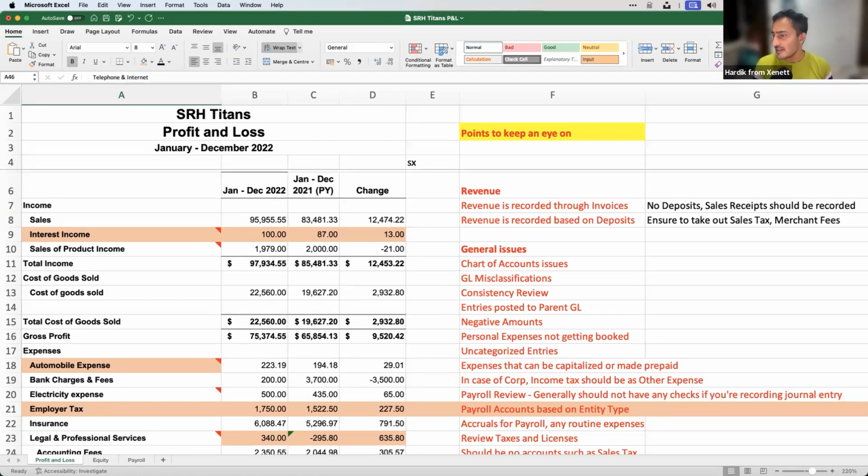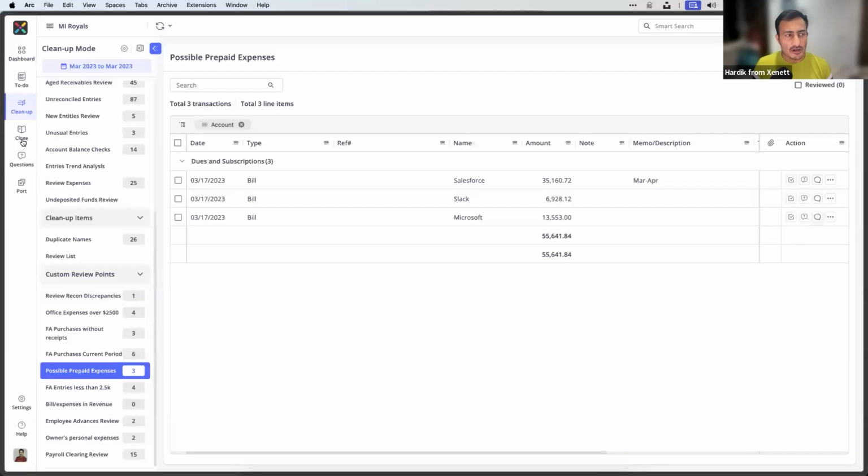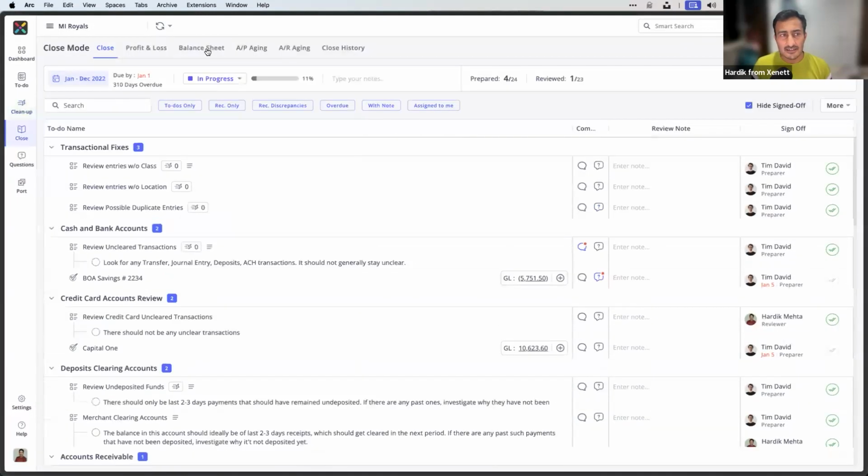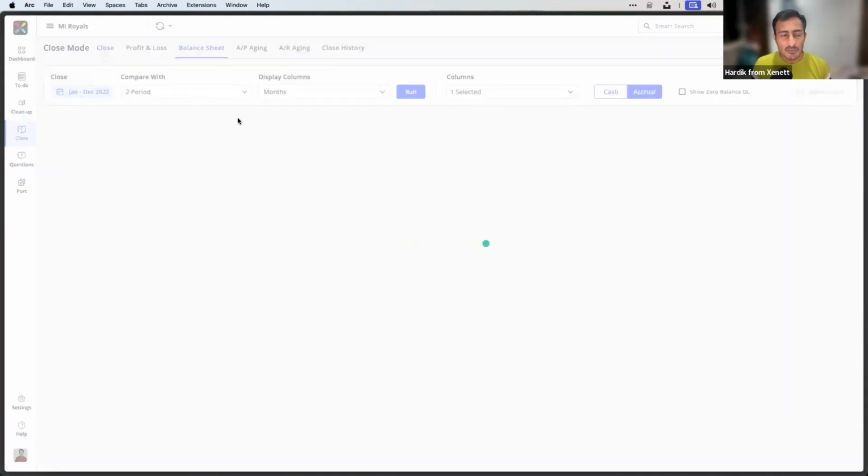From my end, we have covered the whole thing with the profit and loss and balance sheet and everything. One more thing that we typically do once we are done with the review is we actually create the working papers. We literally have balance sheet, profit and loss, and then for every balance sheet account, we have working papers that support it. I think we talked about it before. For every single balance sheet account, we ask our people to attach working papers, right?